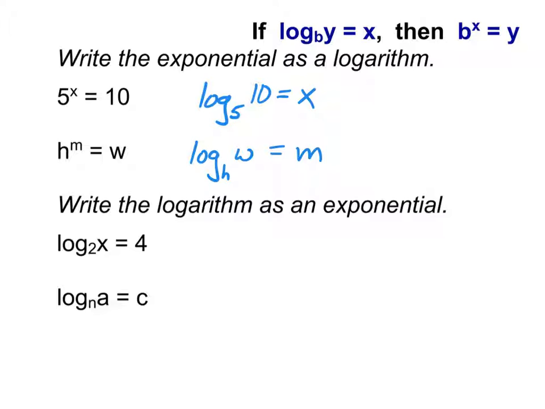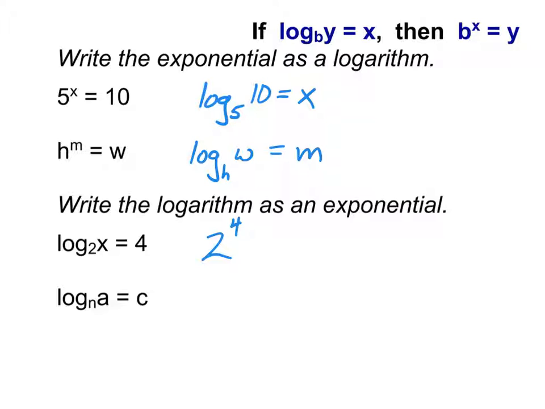The base of my logarithm here is 2. So the first number I'm going to put in there is 2. And it's going to be 2 to the power of something. Well, remember, log always equals the exponent, right? So this logarithm is equal to 4. Therefore, 4 must be my exponent.